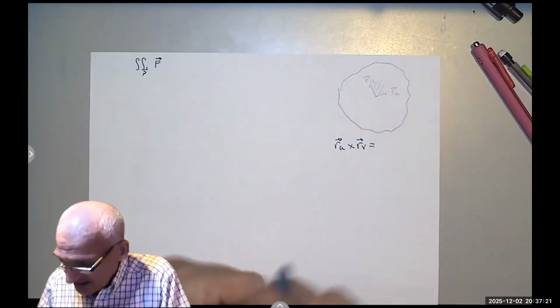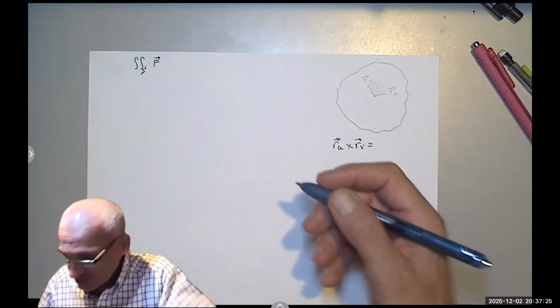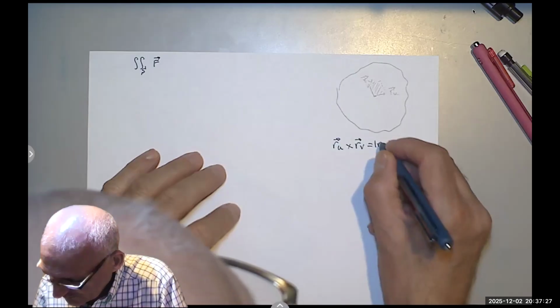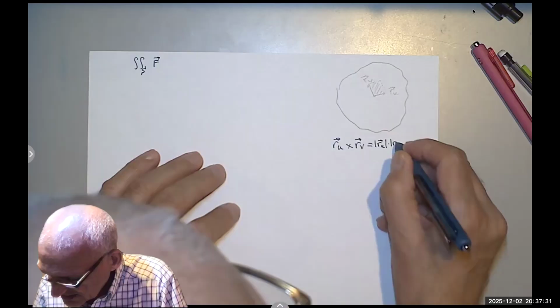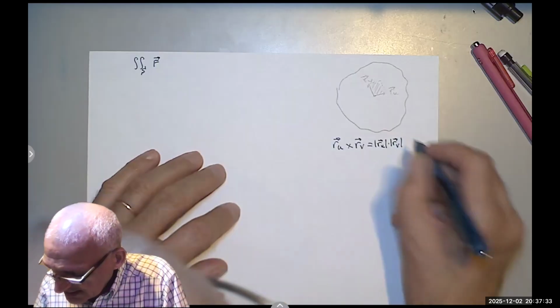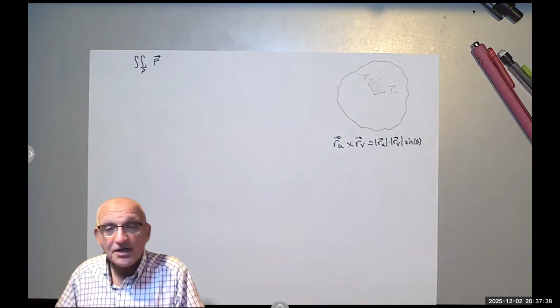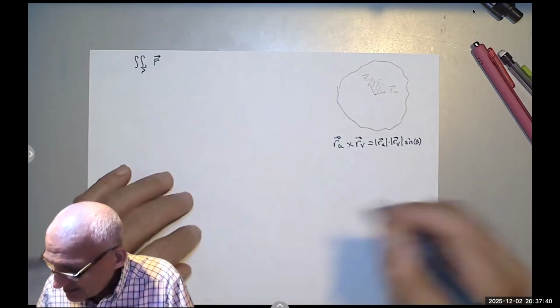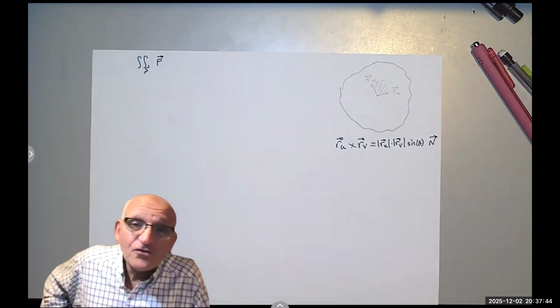If you remember the meaning of a cross product, it's the magnitude of the first vector times the magnitude of the second vector times sine of the angle theta between R sub u and R sub v times a unit vector, we call it n. That's n for normal.